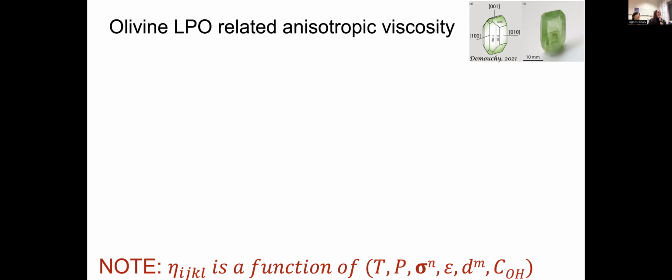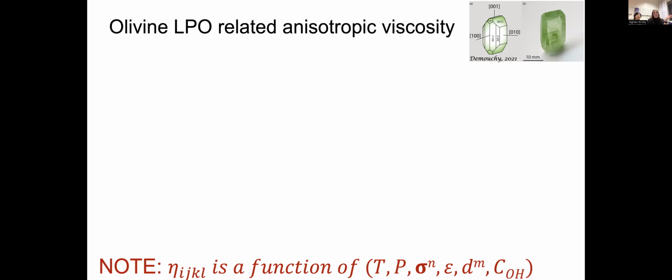Now, this is very nice, but this is not really capturing how olivine LPO-related anisotropic viscosity can affect geodynamic processes, because we don't really vary the strength of anisotropy over time, and we also disregard the third dimension.